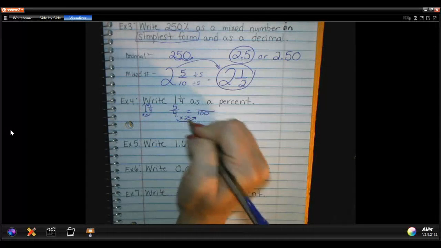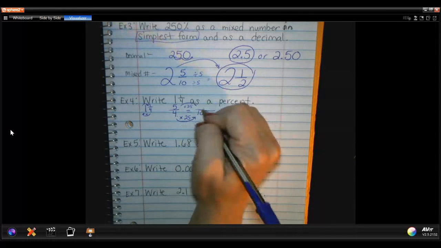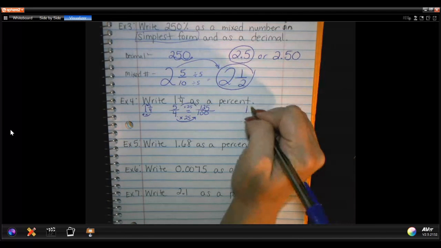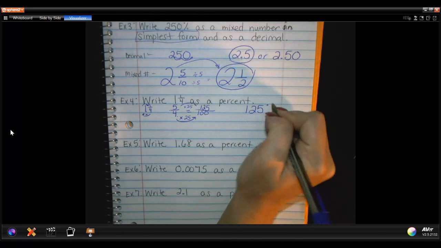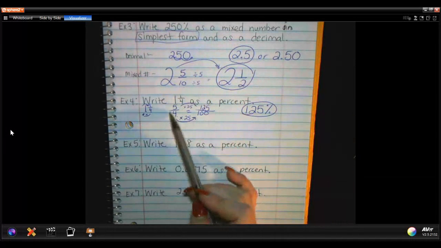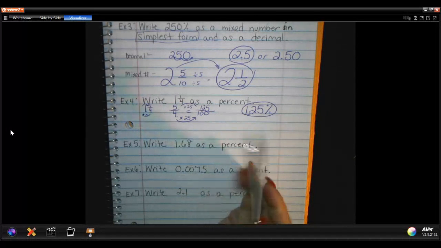So remember, if I multiply the bottom by 25, I have to multiply the top by 25. 5 times 25 gives me 125. So if I was to write this as a percent, I have 125%.